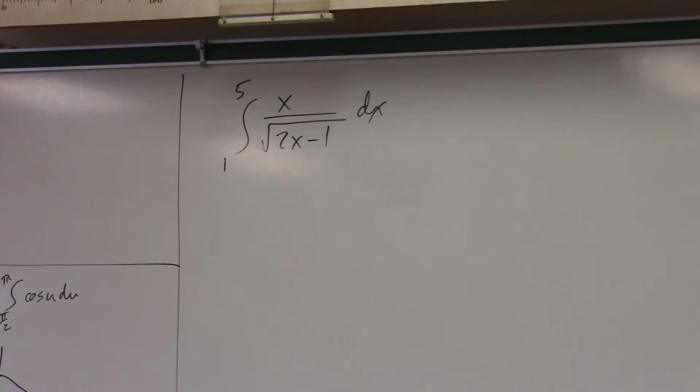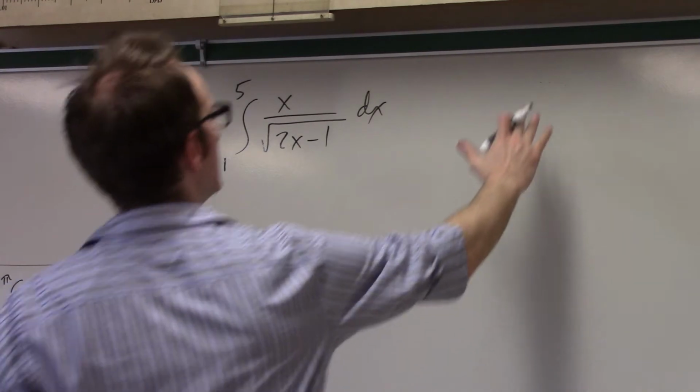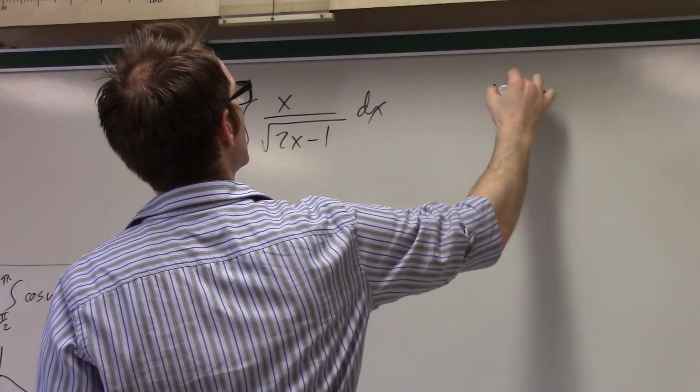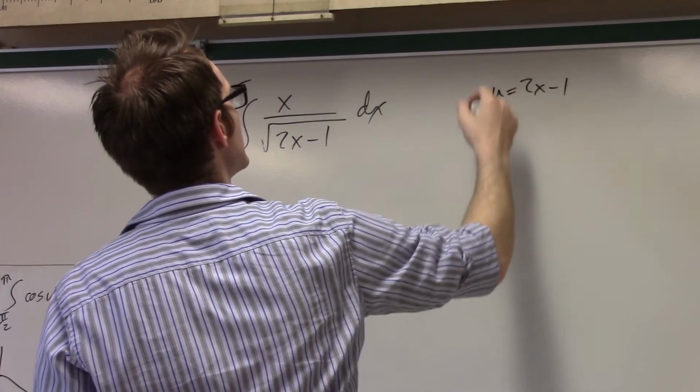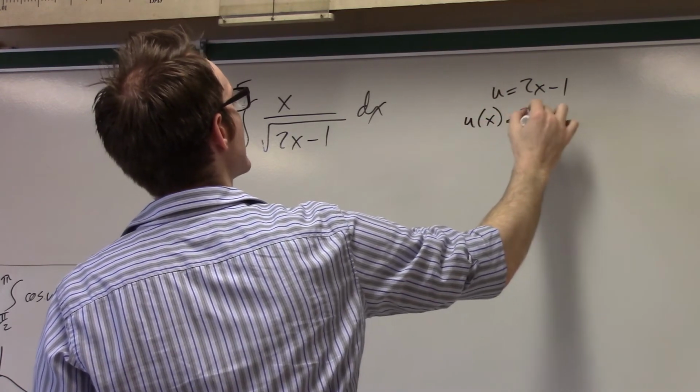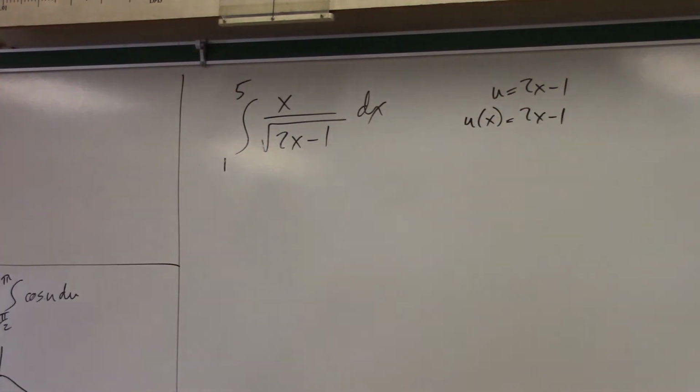What are you going to let u be? u equals 2x minus 1 works, right? And you have to do a go-back kind of style thing. u is 2x minus 1, but if you want to be cool, you can write it as a function, because that's really what it is. u is a function of x.